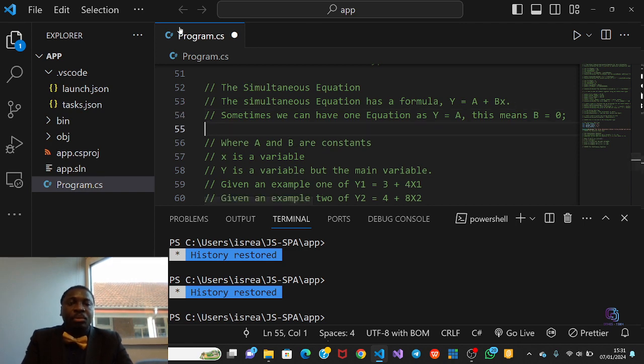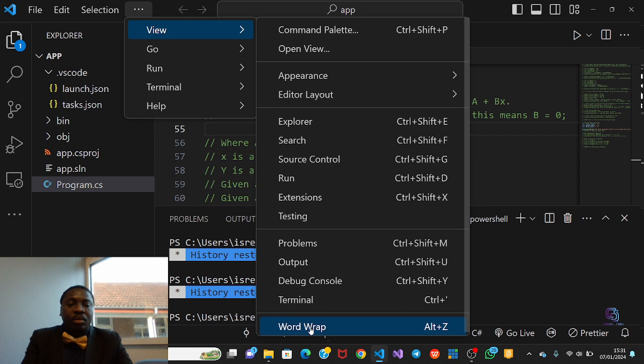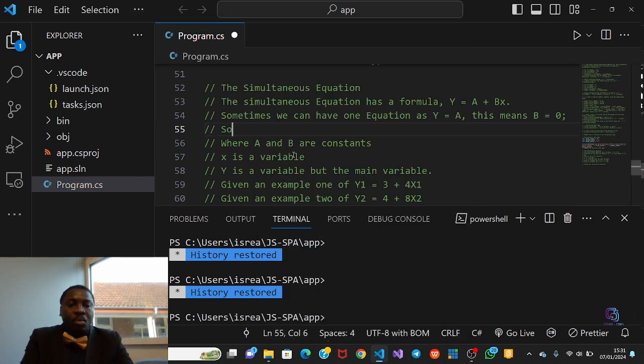So let me use word wrap. View word wrap. So if b is equal to 0, put it in the brackets, 0, then y is equal to a plus 0 times x.